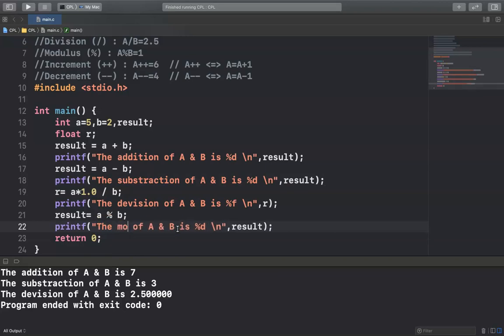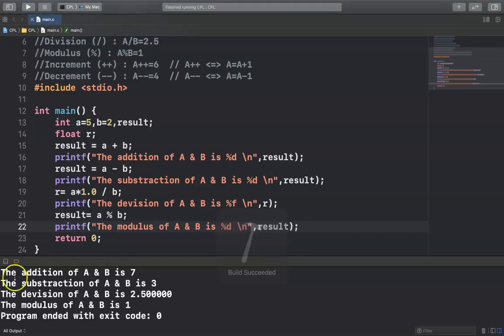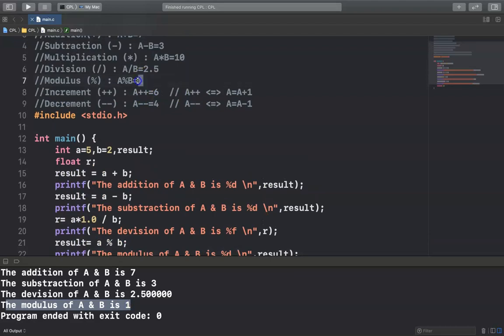The modulo of A and B is equal to %D. Let me run it. You see, the modulo of A and B is equal to 1. Here, equal to 1 too.